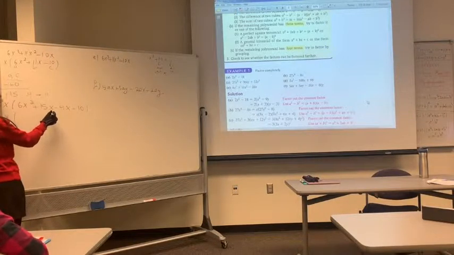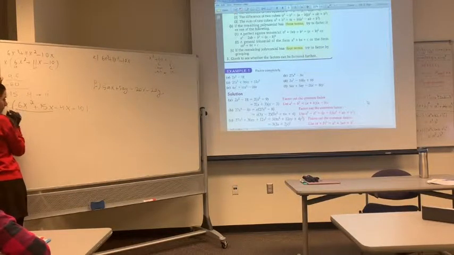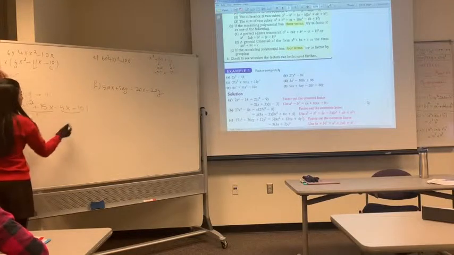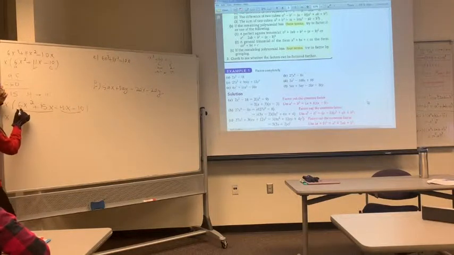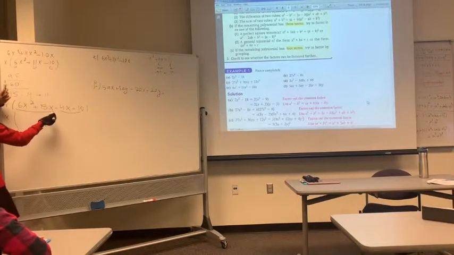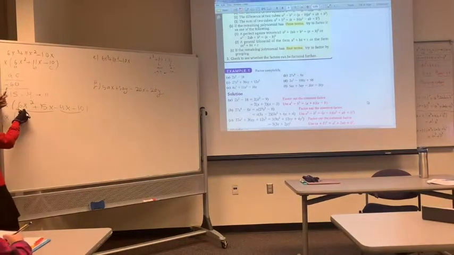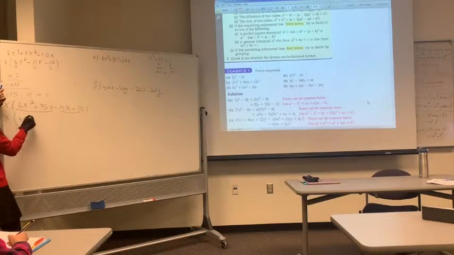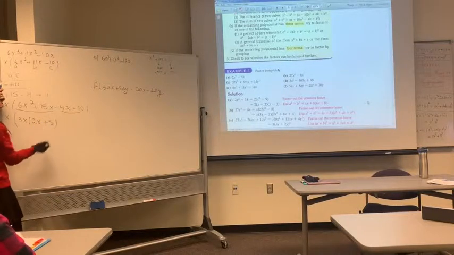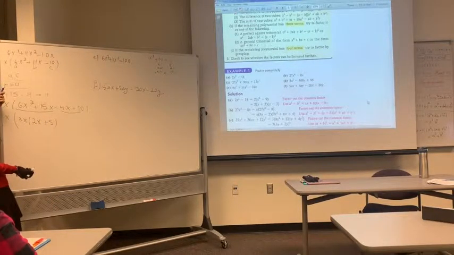Let's match these two. Between 6x squared and 15x, I know 15 is 3 multiplied by 5, and this one is 3 multiplied by 2, right? 3 is common, and we have x here, so bring out 3x, 2x remains here, 5 remains here, right?